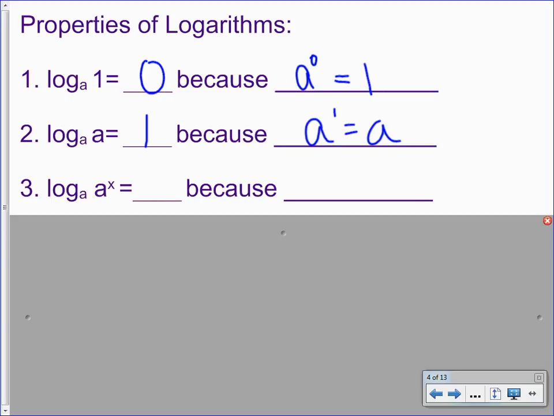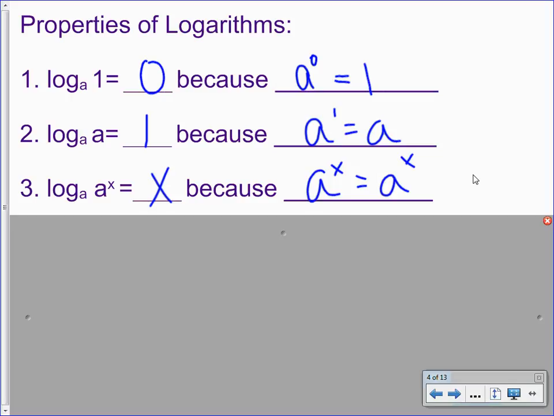What about log base a of a to the x? Because if we rewrite this, base a raised to the x power equals a to the x.